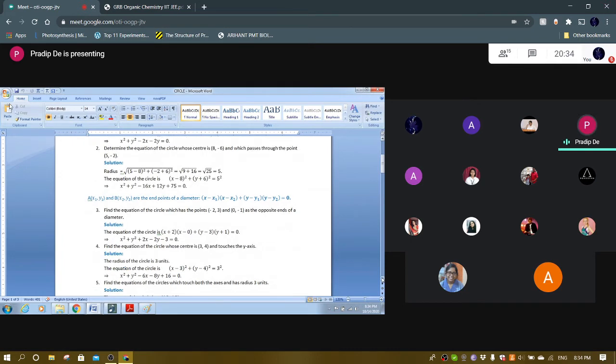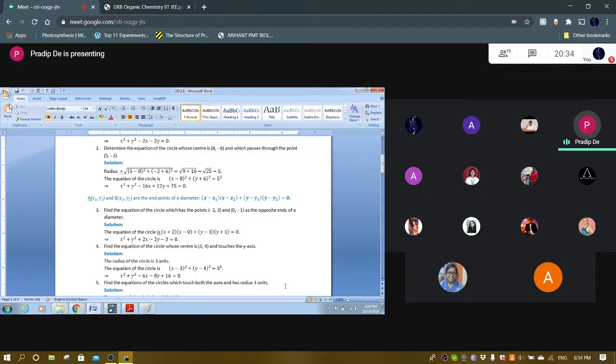And then try this. Find the equations, in plural, of the circles, in plural, which touch both the axes and has radius 3 units. Circles with radius 3 units touching both the axes, and there are more than one such circle.